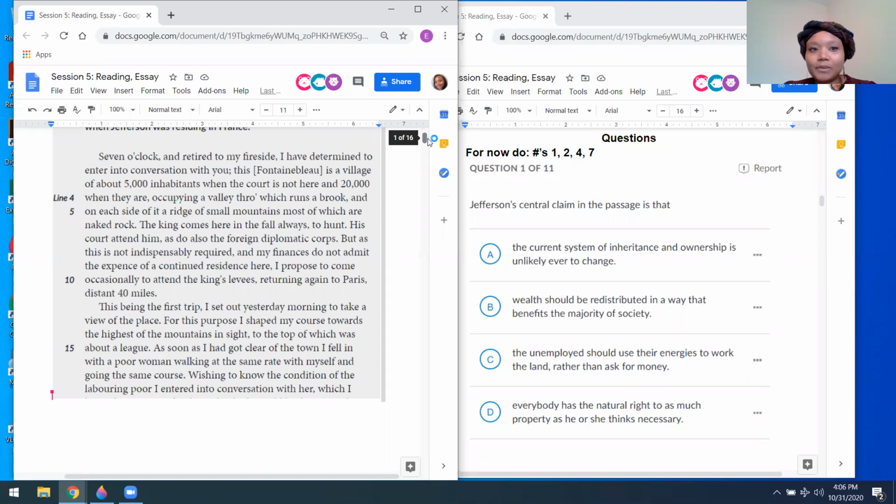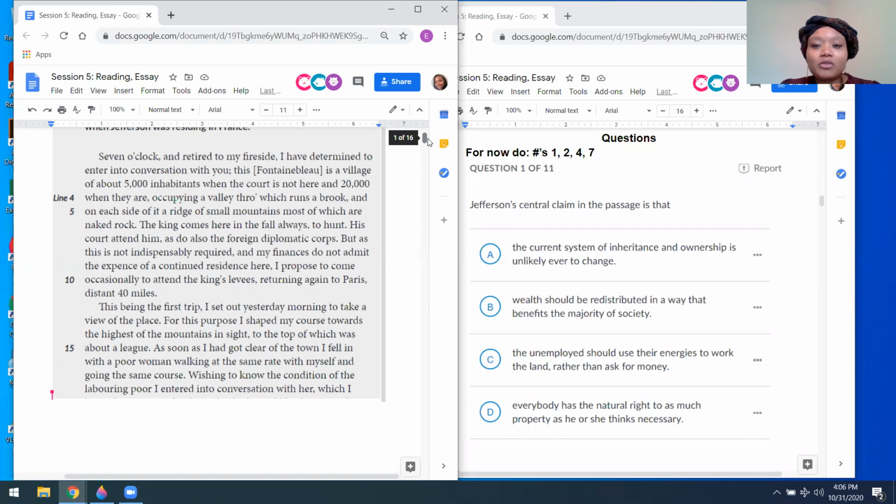good way to get, when I talk about tone or vibe or mood, those are kind of the same, different words to express the same thing. That is kind of your answer choice B. It says wealth should be redistributed, and we figured out redistribute means to re-give out.